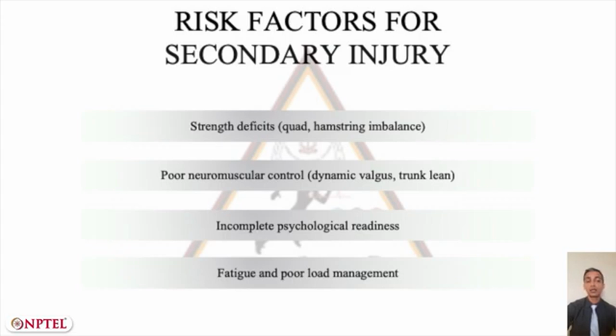Fatigue and poor load management further magnify the risk. Preventing secondary injury is a major focus of modern neuromuscular training, criteria-based return to sport testing and long-term injury prevention programs.